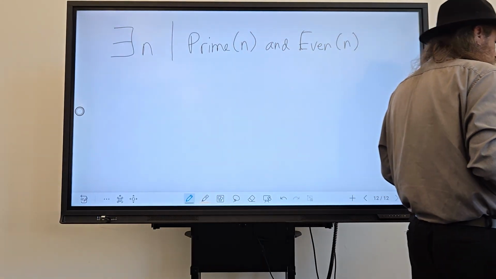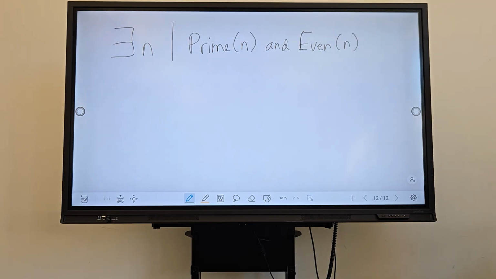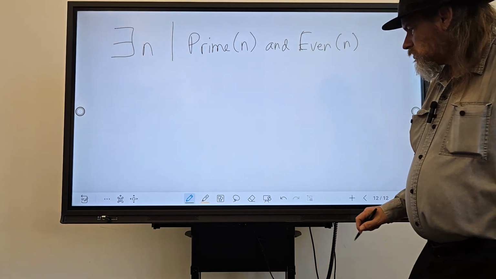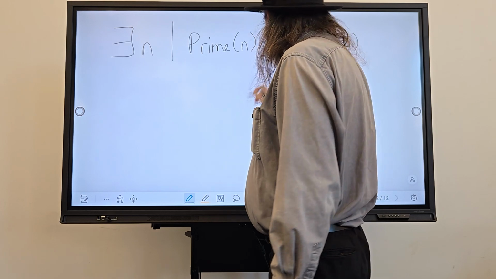There exists a number such that n is prime and n is even, which is true because of the number 2. There just exists one, so that's all that is required for it to be true. But you can mix and match different functionalities. You can make this an and symbol.